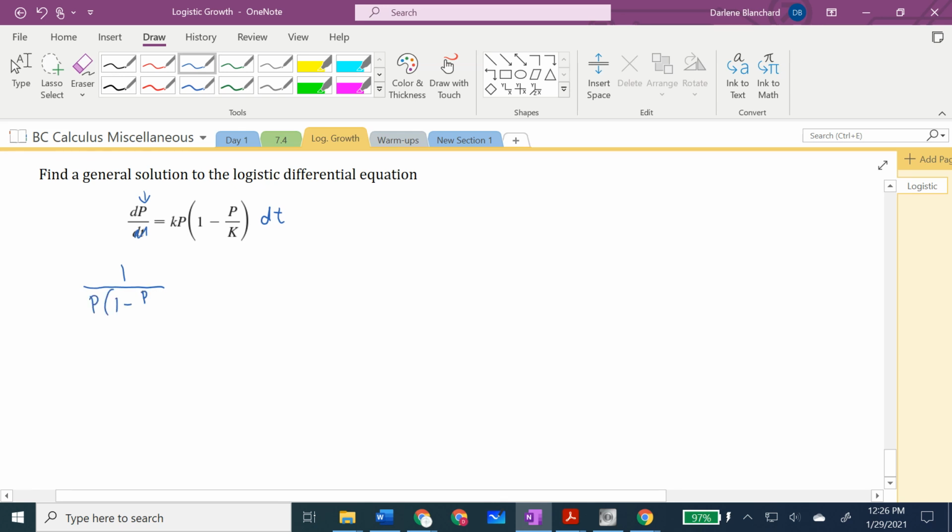Oh, oh my goodness, yes. And let me not make the same mistake I made first period. I took the screenshot of this from the textbook. Do you notice they have a lowercase k and a capital K? Do you know how much that messes us up? I write the formula with a C for carrying capacity.